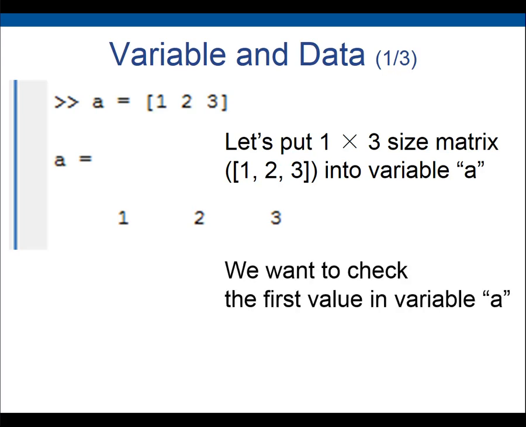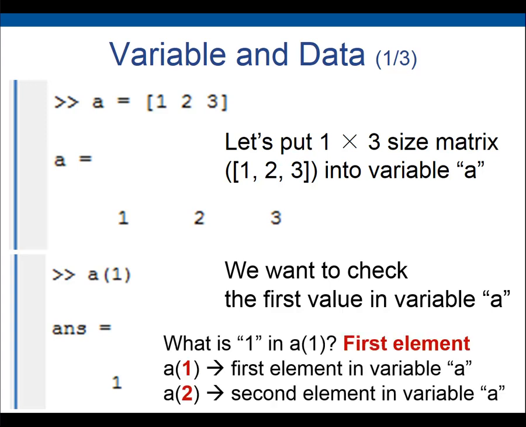Alright, and we want to check the first element in variable a. Then we can simply say a parentheses 1. So 1 is the first element. If we want to see the second element, then we can say a parentheses 2. Here the a1, the first element of the a matrix, is 1, right? So that's why it shows 1.